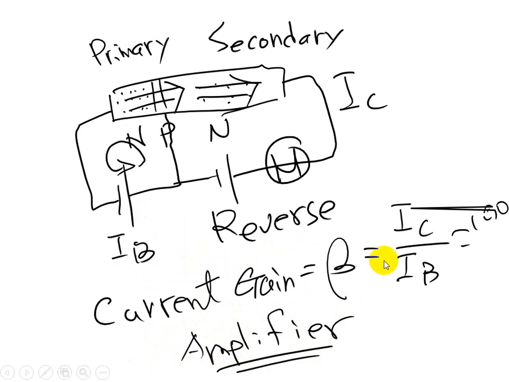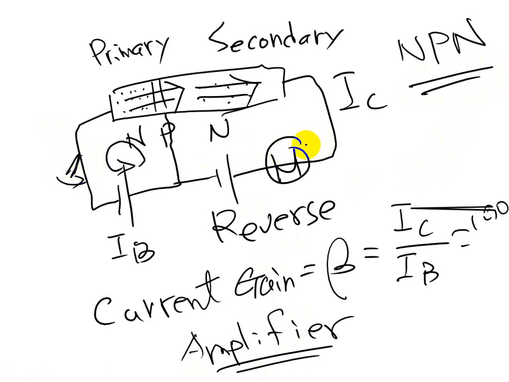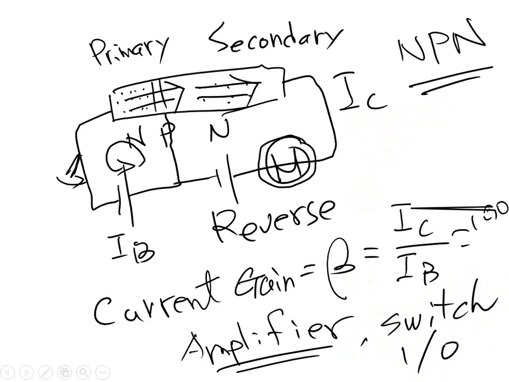This is the NPN bipolar junction transistor. It can be used as an amplifier. Also, because you turn the switch on and off, it causes the motor here to turn on or off. So basically, it also serves as a switch, on or off, 1 or 0.